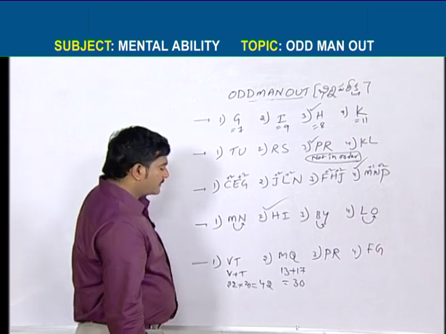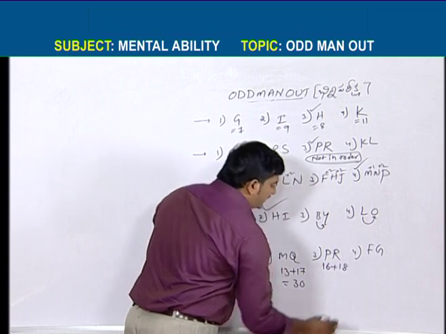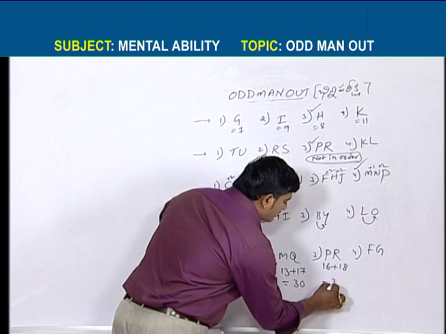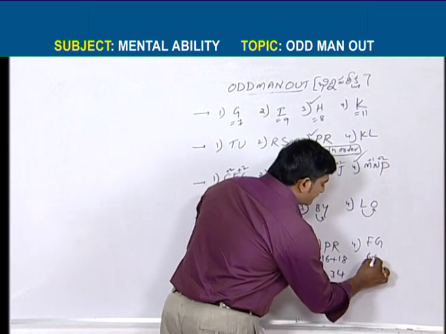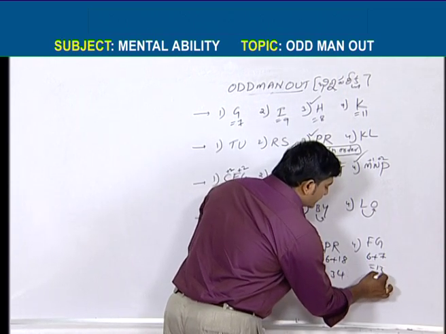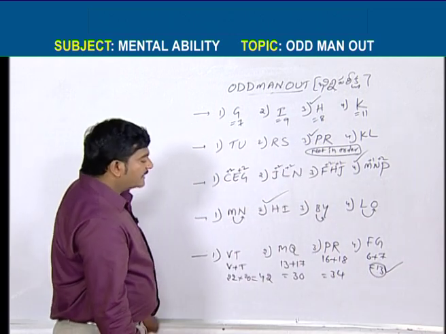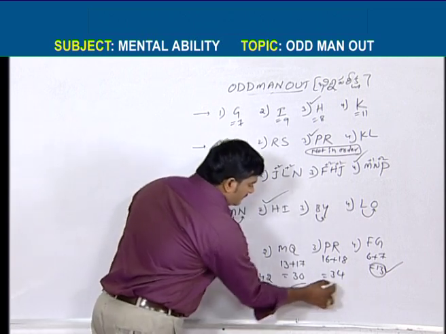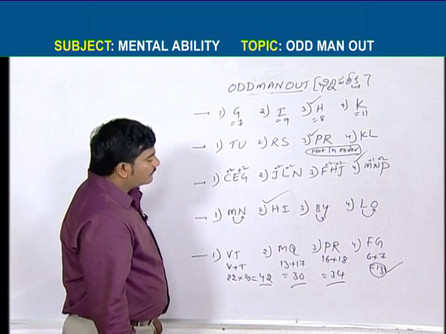Similarly, P means 16, R means 18. 16 plus 18 is 34. And finally, 6 plus 7 is equal to 13. Hence, this is the answer. Because when I add the remaining ones, I am getting even numbers, but there I am getting an odd number. That's why the fourth one is the answer.